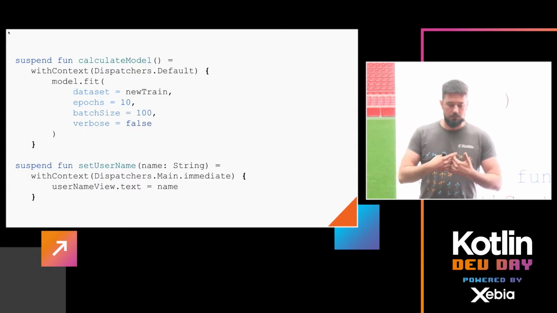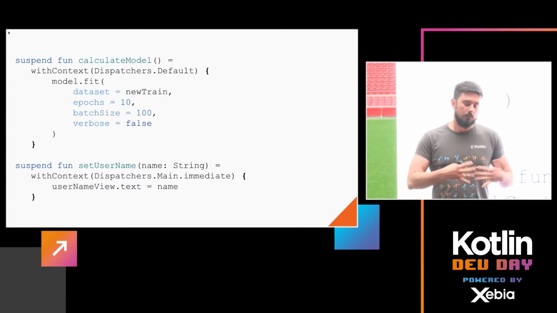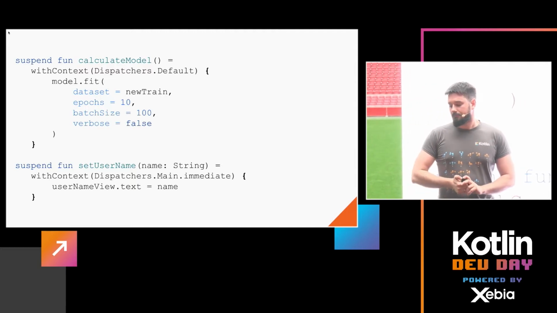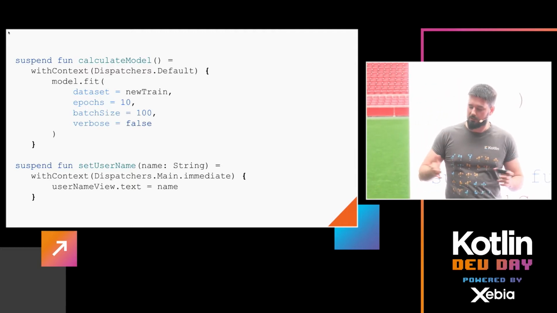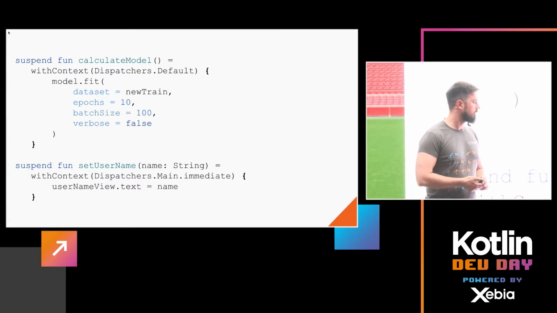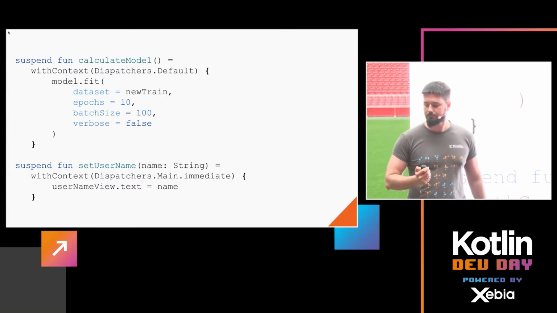Again, the cost of redispatching will be small. I mean, redispatching should not happen in this case. And you are sure that from whatever dispatcher people call it, it will be called on a proper one.